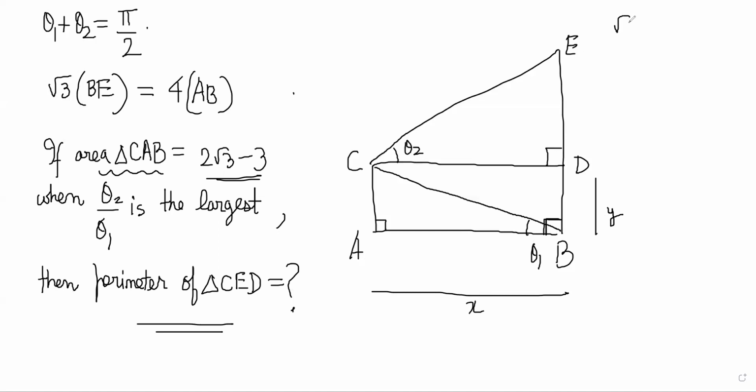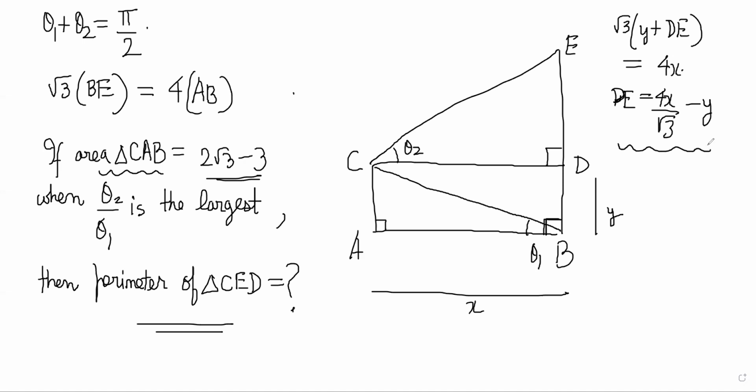BE is root 3 BE, which is y plus DE, and DE is 4 times AB, which is 4 times x. From here we can solve for DE. We get 4x by root 3 minus y. Yes, DE is that.